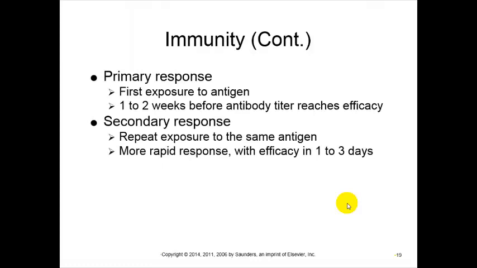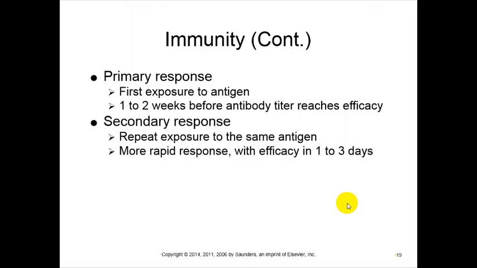So then, dealing with immunity, we always have a primary response to an antigen, and then we have a secondary response to the antigen. The primary response is the first time we're exposed, and it actually takes a couple weeks before our antibodies are in sufficient number to actually eradicate and get rid of that antigen. Okay, so this takes a couple weeks for efficacy.